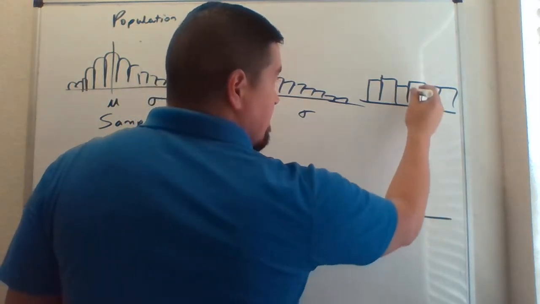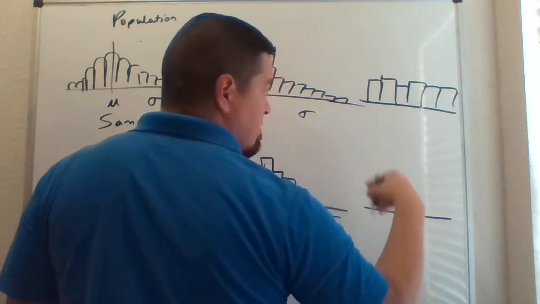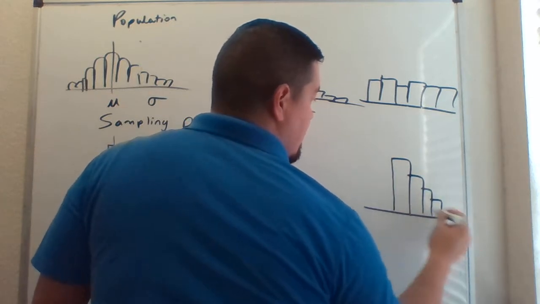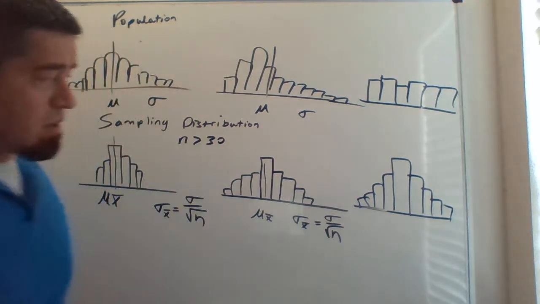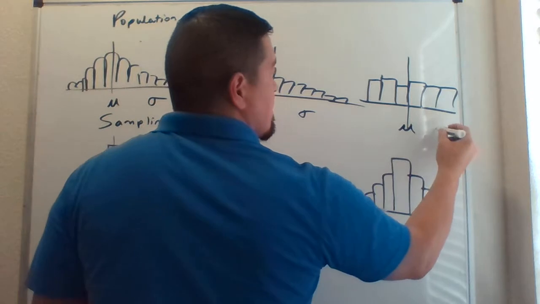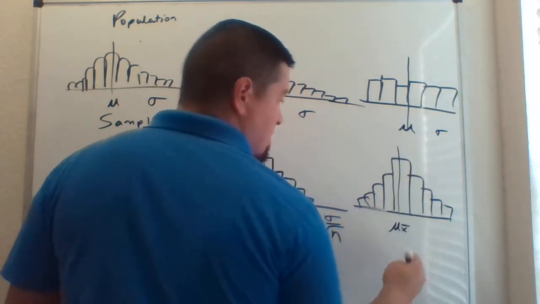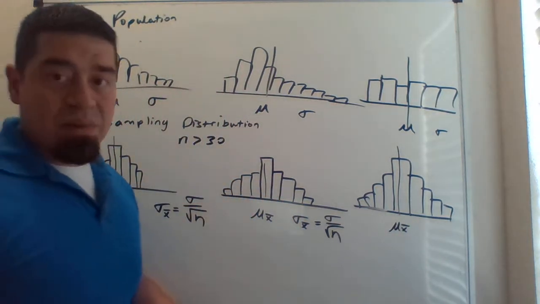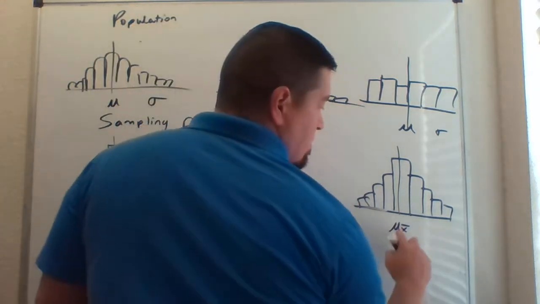So how would the distribution of samples of size 30 look? Even from a uniform distribution, the mean would be here, and this has its own standard deviation, but the distribution of sample means, of, let's say, size 40 again, would be there.